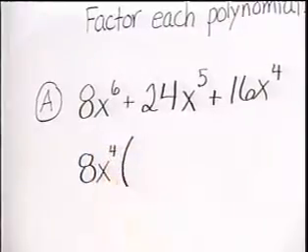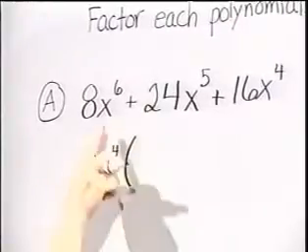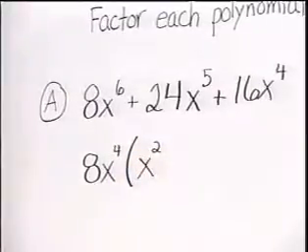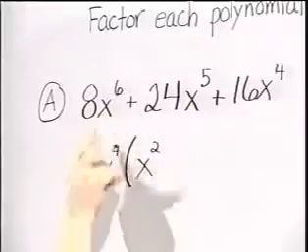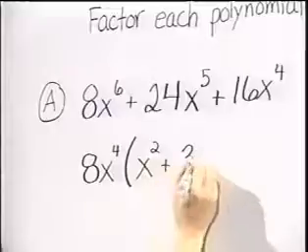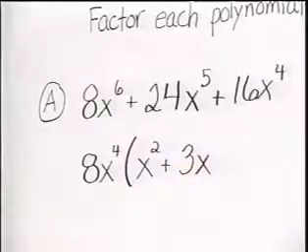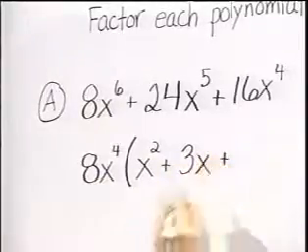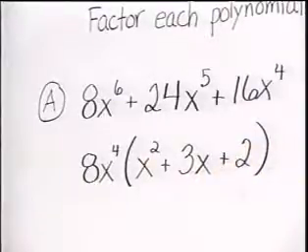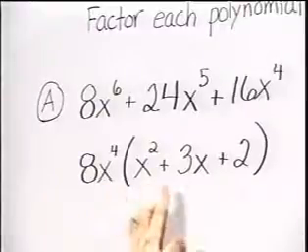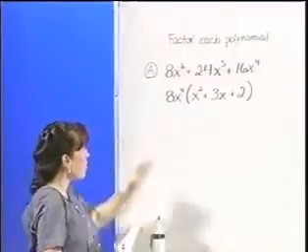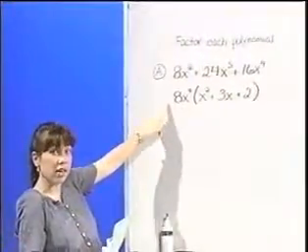You're going to factor out 8x to the 4th, leaving you with x squared for the first term, because x to the 4th times x squared gives you the x to the 6th, plus 3x, plus the number 2. You want to check to make sure 8x to the 4th times each of these gives you the top polynomial. So we've completed our first step, which is to take out the common factor.